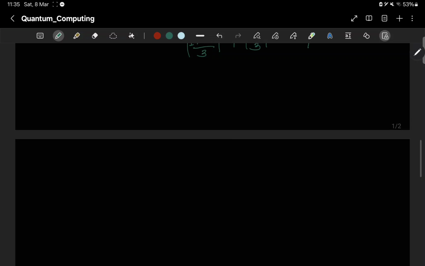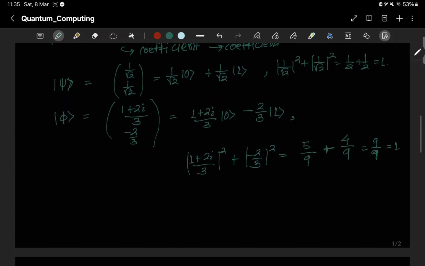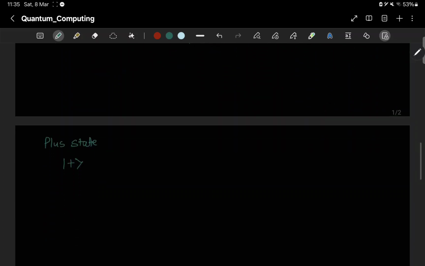There are some other quantum states. So one we call the plus state. It is represented like this. So this is basically the plus state. This has a very special name. We'll see why it is important in the later chapters. So this is our plus state.